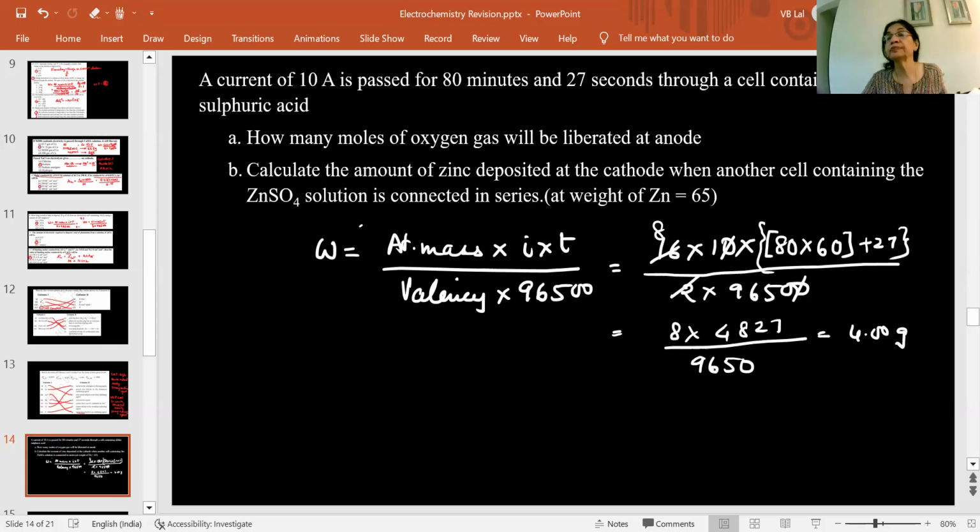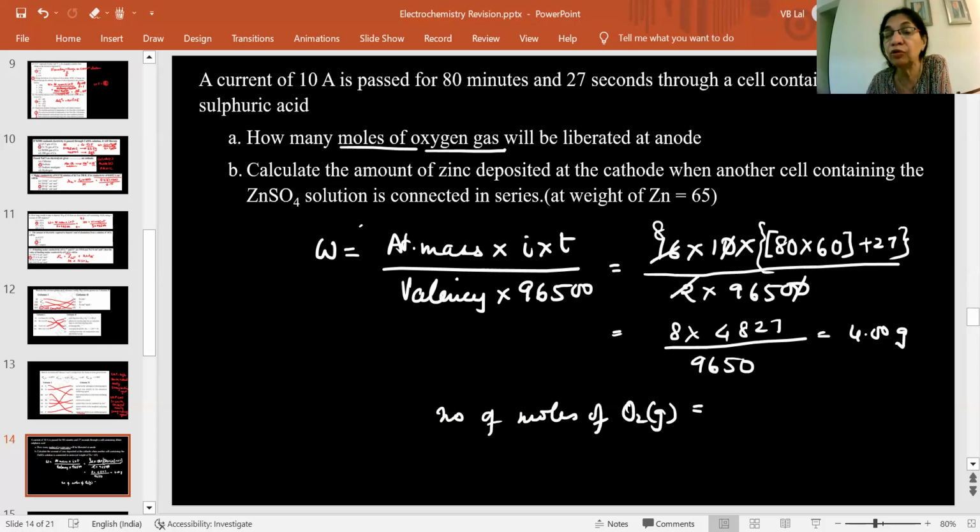So if I do that, the answer that I get is 4.00 grams. But what do I need to find? The number of moles of oxygen gas. So how will I find number of moles? Number of moles of oxygen gas will be equal to mass divided by molar mass. What is the mass of oxygen? 4.00. And what is the molar mass of oxygen gas?